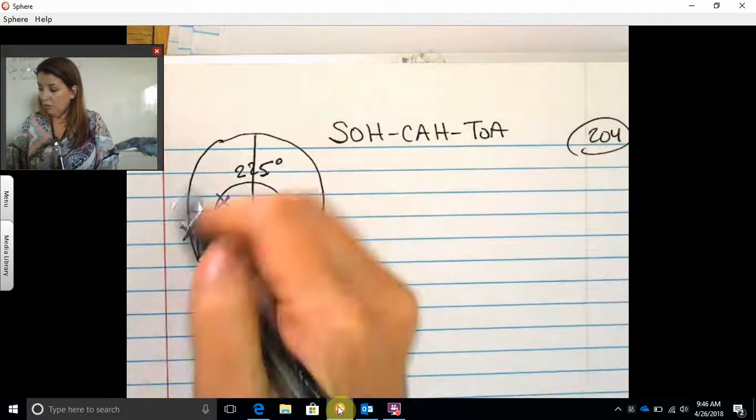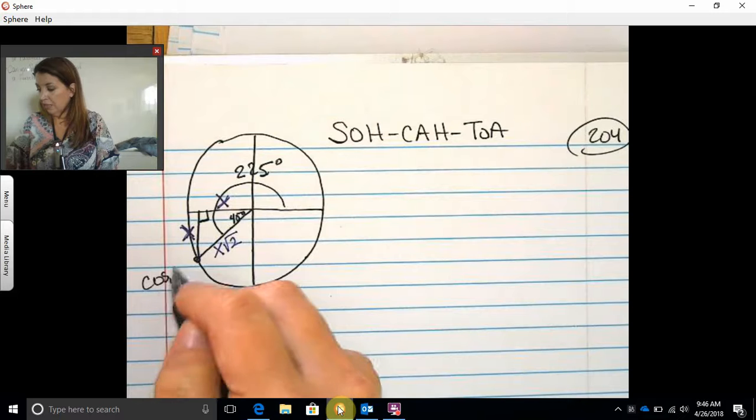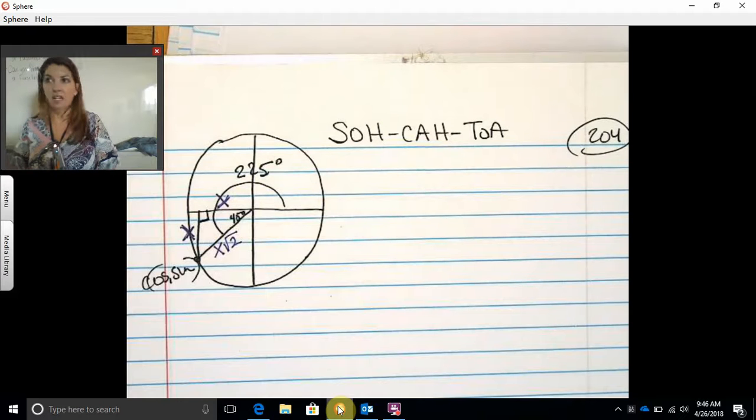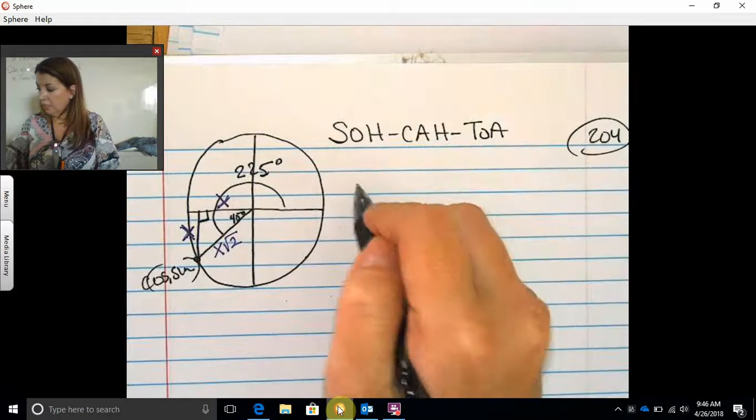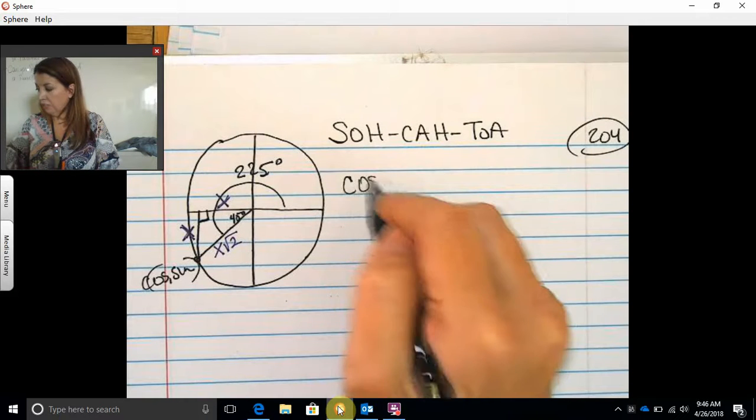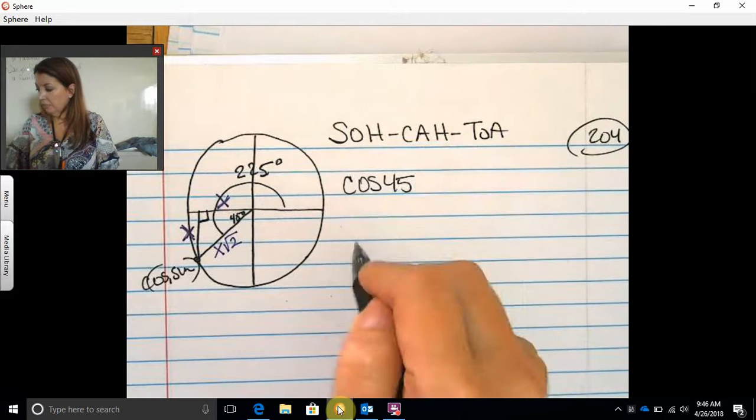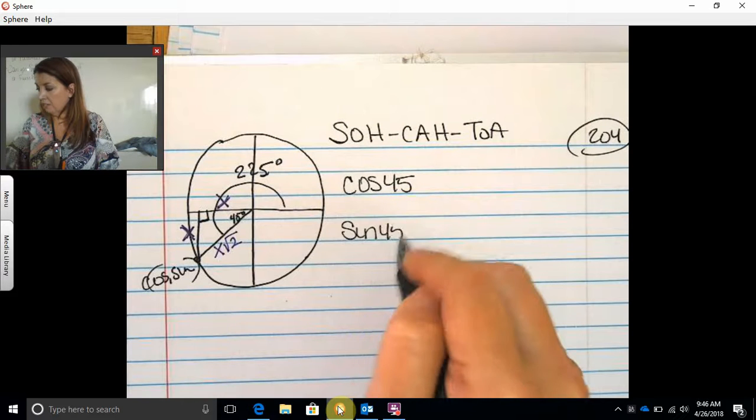We're looking for the cosine and the sine. You can't do that backwards. Sine comma cosine is not going to work. Cosine is your X, sine is your Y. So we're finding the cosine of 45 degrees and the sine of 45 degrees.